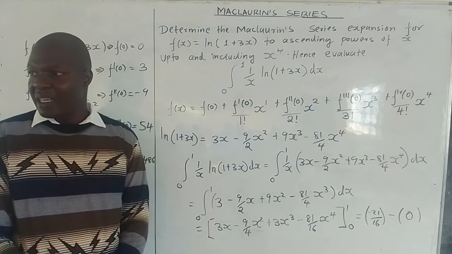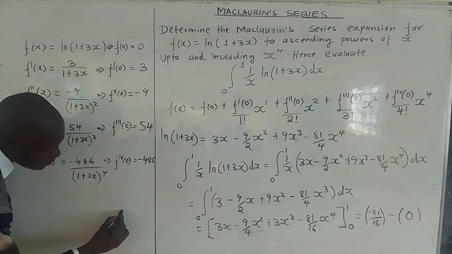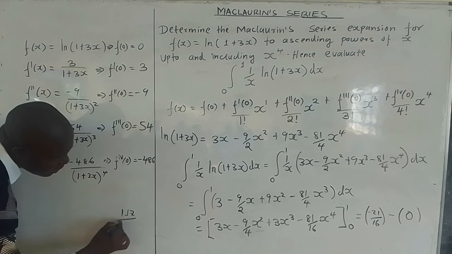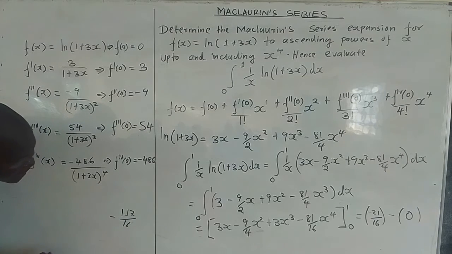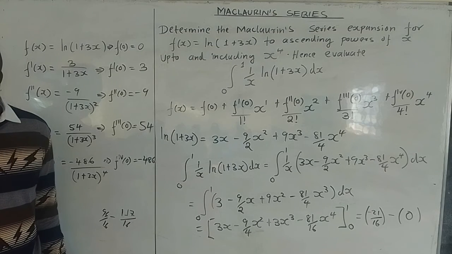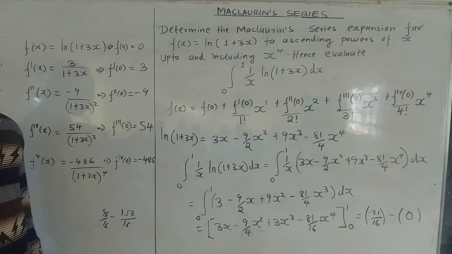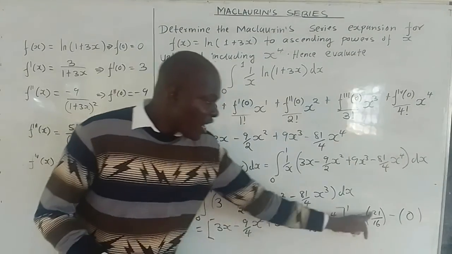What is 36 plus 81? 117 over 16 minus 6. 6 times 16 is? 96 over 16. 96 minus 117? Negative 21 over 16. That is the right thing, isn't it?